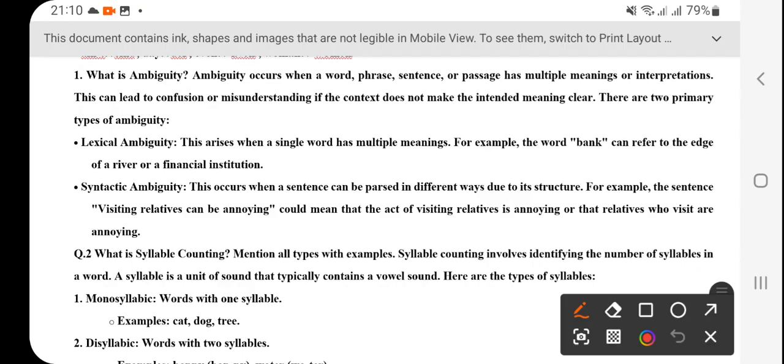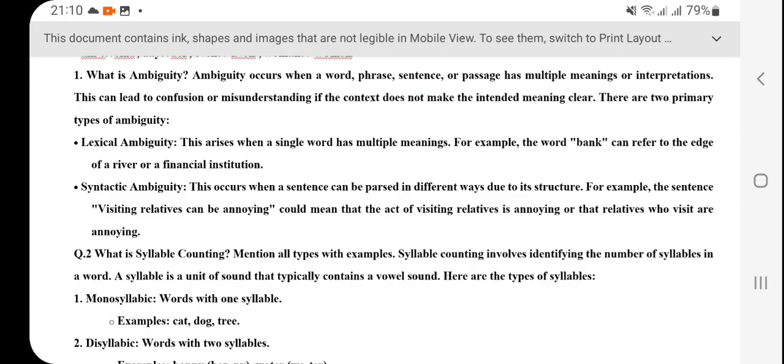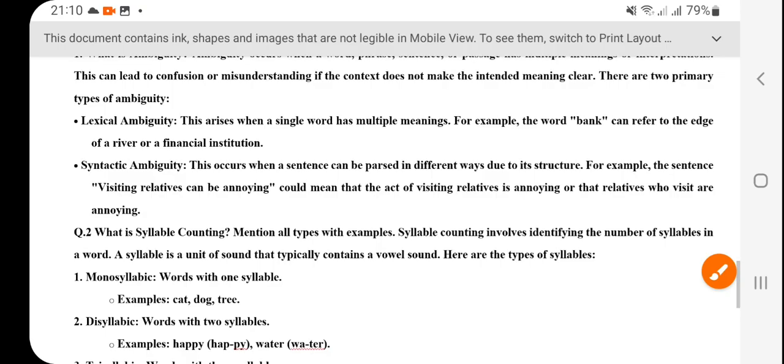Okay, now what is ambiguity? Ambiguity occurs when a word, phrase, sentence or passage has multiple meanings or interpretations. This can lead to confusion or misunderstanding if the context does not make the intended meaning clear. If context is not clear, then it creates a problem, right?